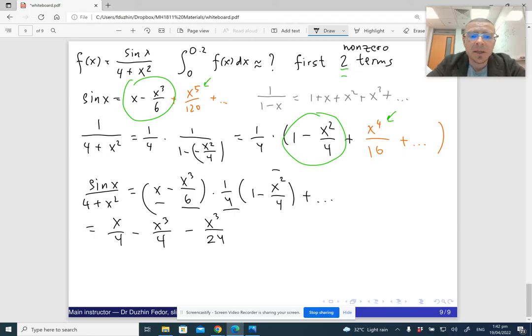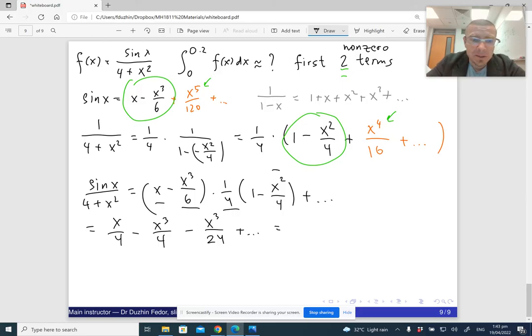And again, there's going to be x cubed times x squared, which is x to the 5, but this is already the next term, so we don't really need it. So we'll just write plus dot dot dot. That's basically it. The first two non-zero terms are here.